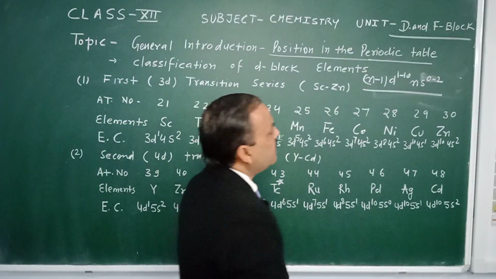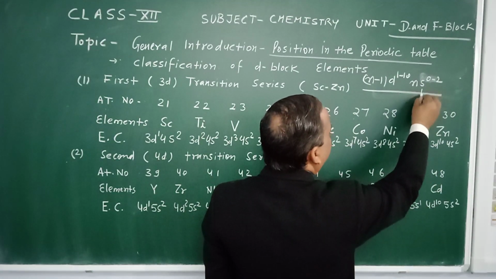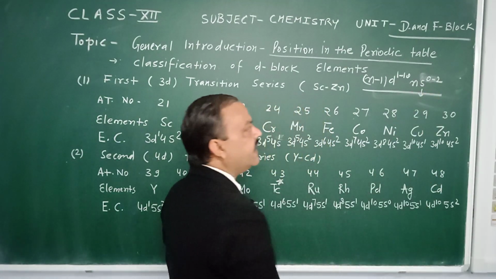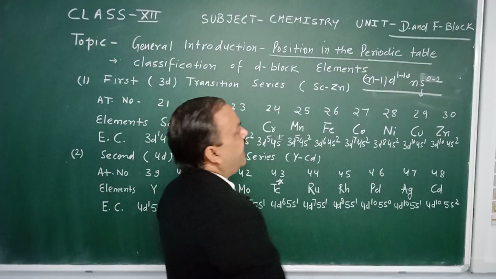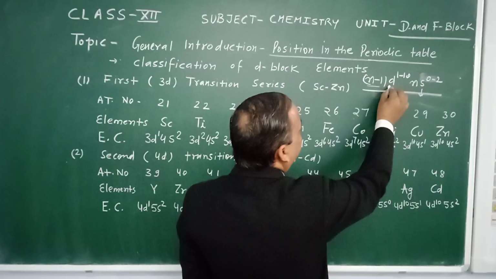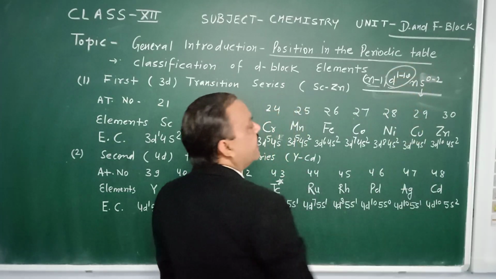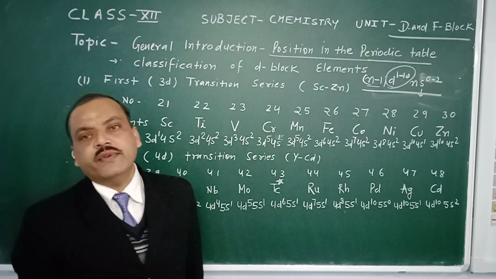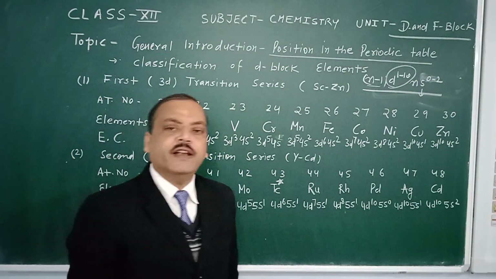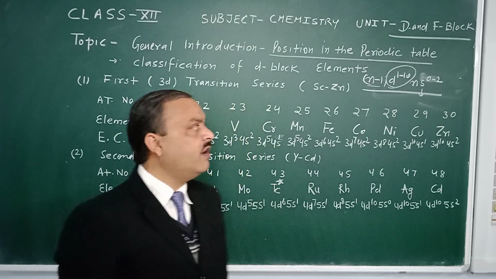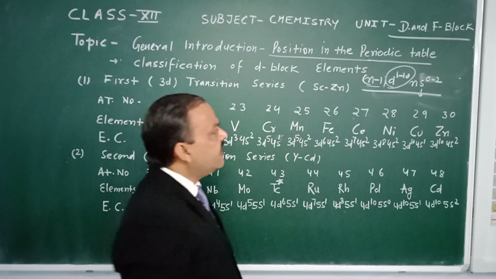The outermost shell is the s shell, and the (n minus 1) shell is the d subshell. In this d subshell, we fill a minimum of 1 electron and a maximum of 10 electrons.